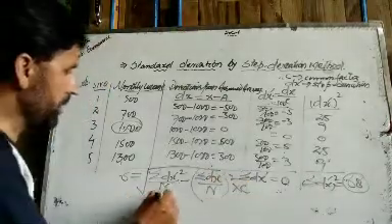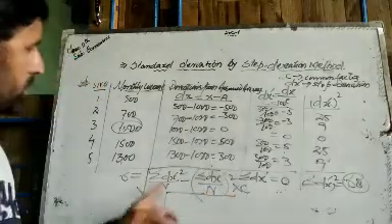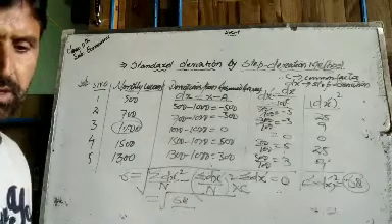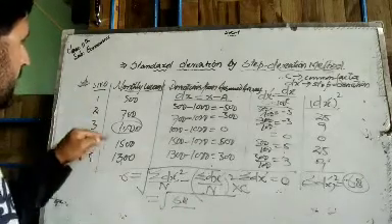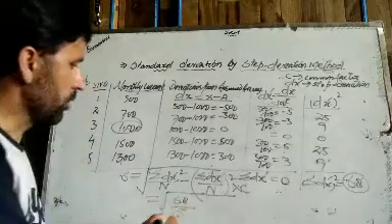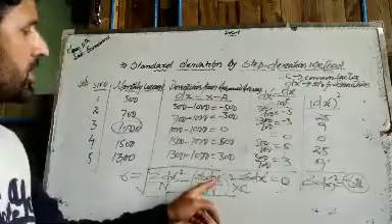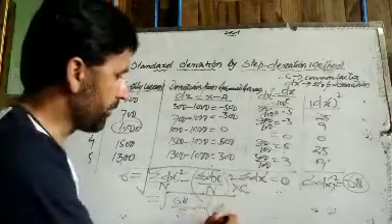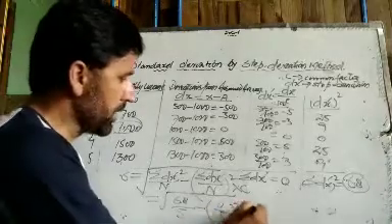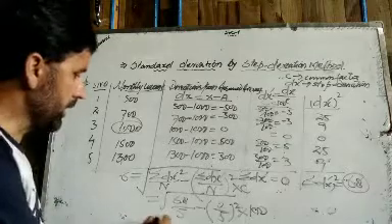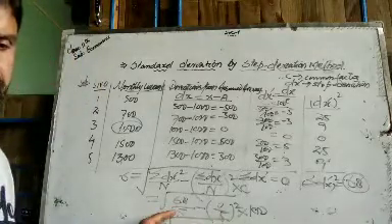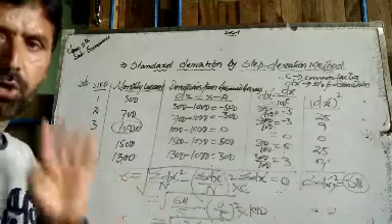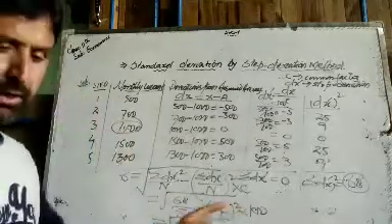So it is equal to 68 upon n, which is 5 because the number of persons is 5, minus the square of 0 upon 5, into c, which is 100.